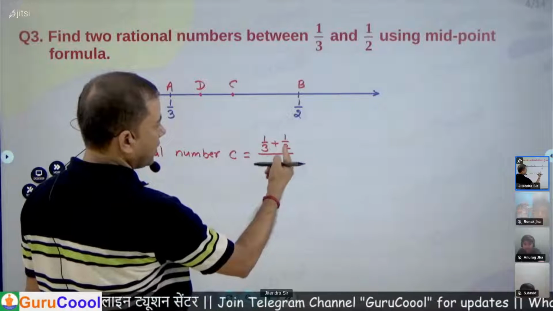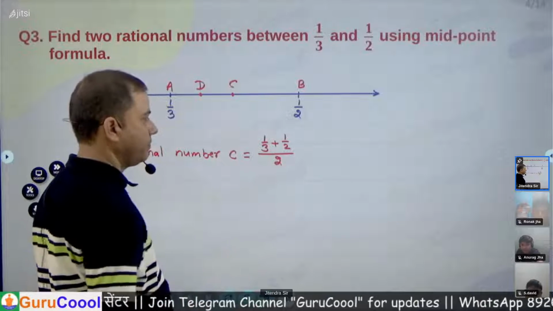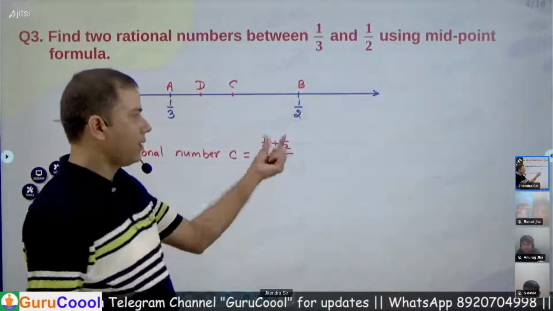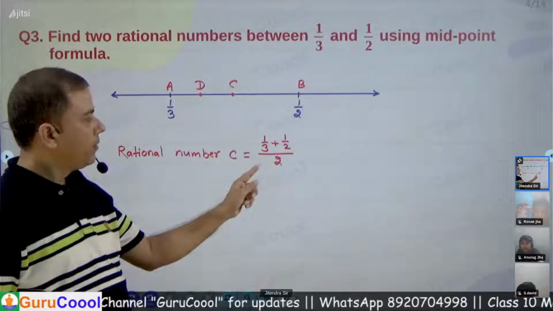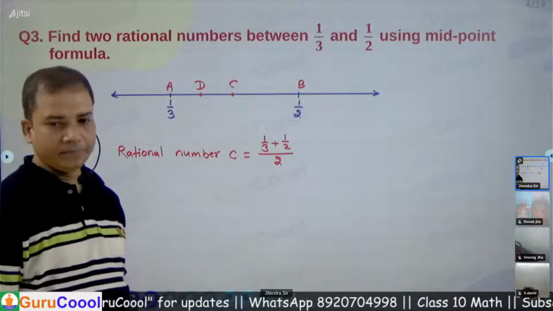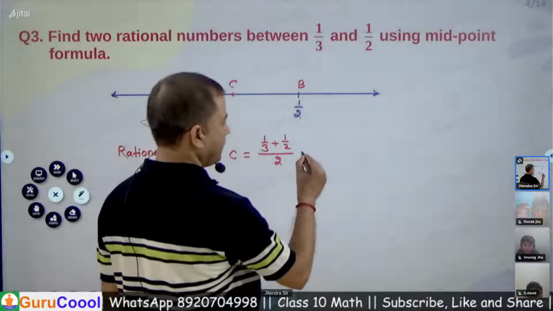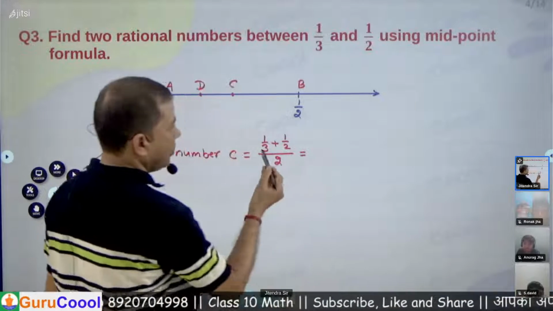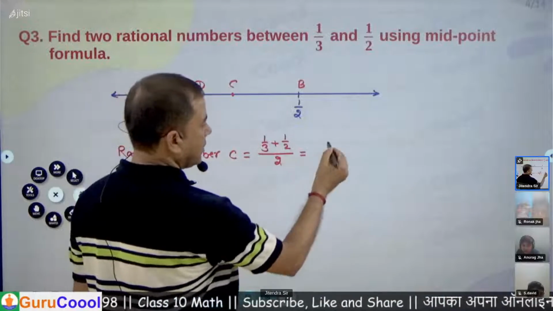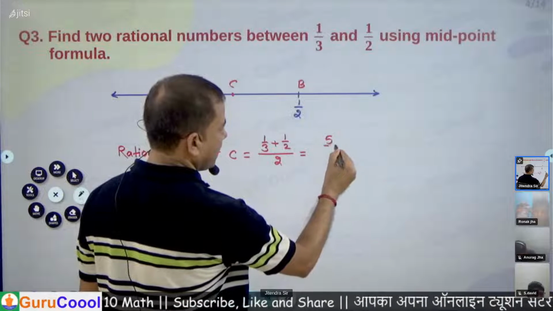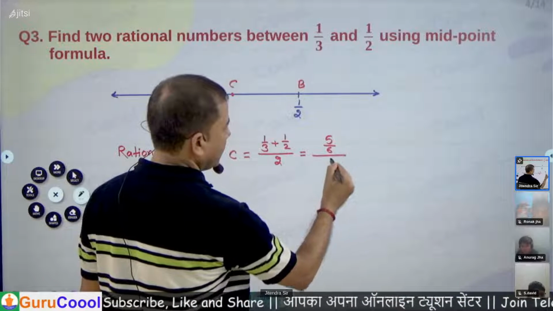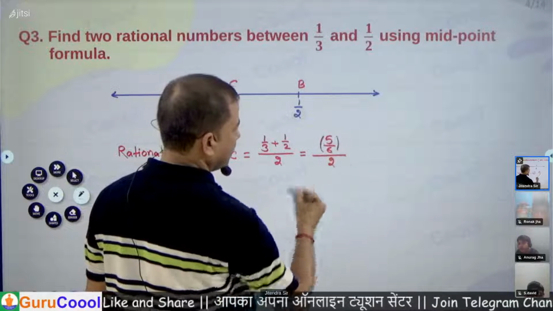Divide the whole sum by 2 again. And whatever comes after this will be the number for C. Let us calculate it. 1 by 3 plus 1 by 2, how much is it? 5 by 6. And then 2 is in its denominator.